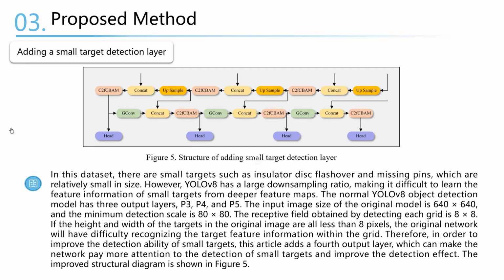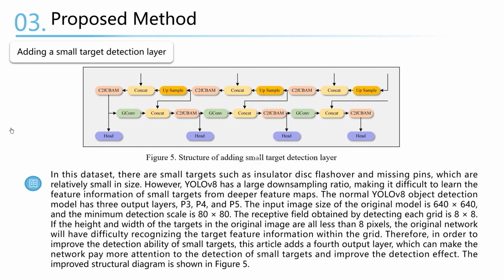The receptive field obtained by each detection grid is 8x8. If the height and the width of the targets in the original image are all less than 8 pixels, the original network will have difficulty recognizing the target feature information within the grid.